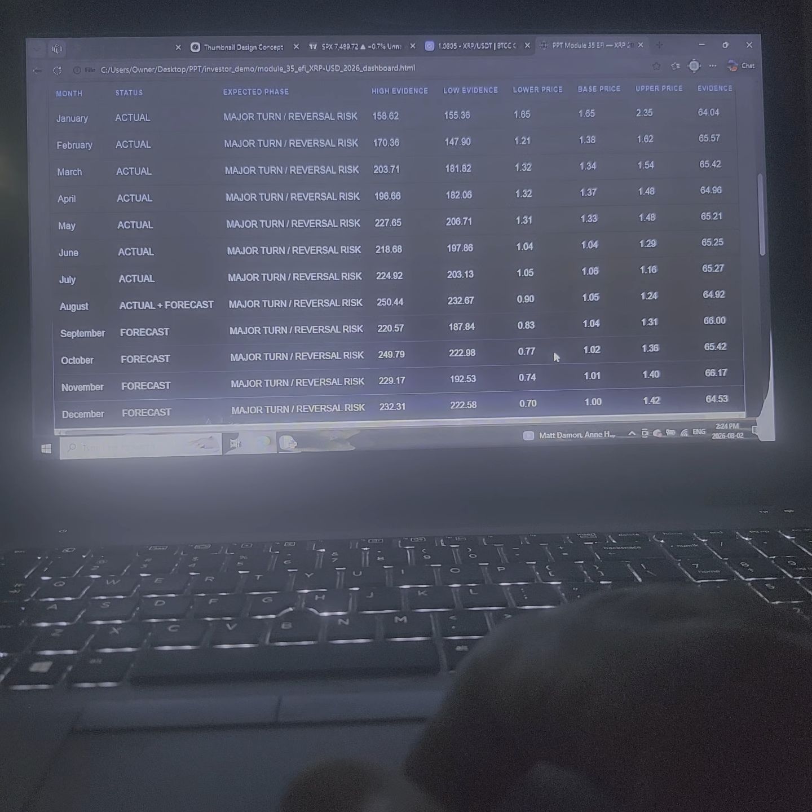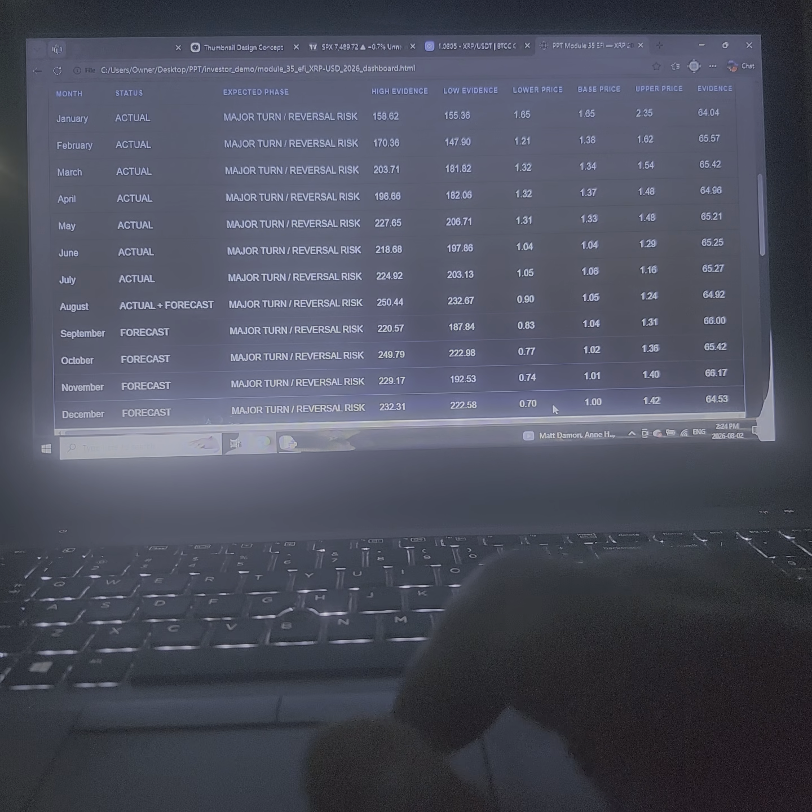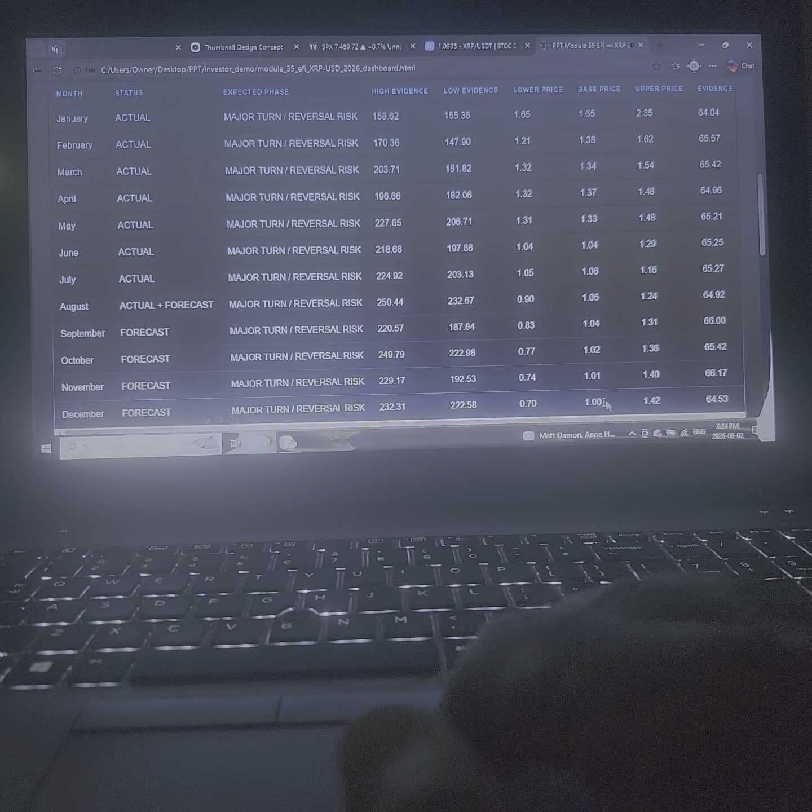It's stating October will be 77, November will be 74 cents, and December will be about 70 cents for a low. And the highs in those areas for the end of the year are going to run us from September $1.31 to $1.42 into December, with a mean average of about $1.